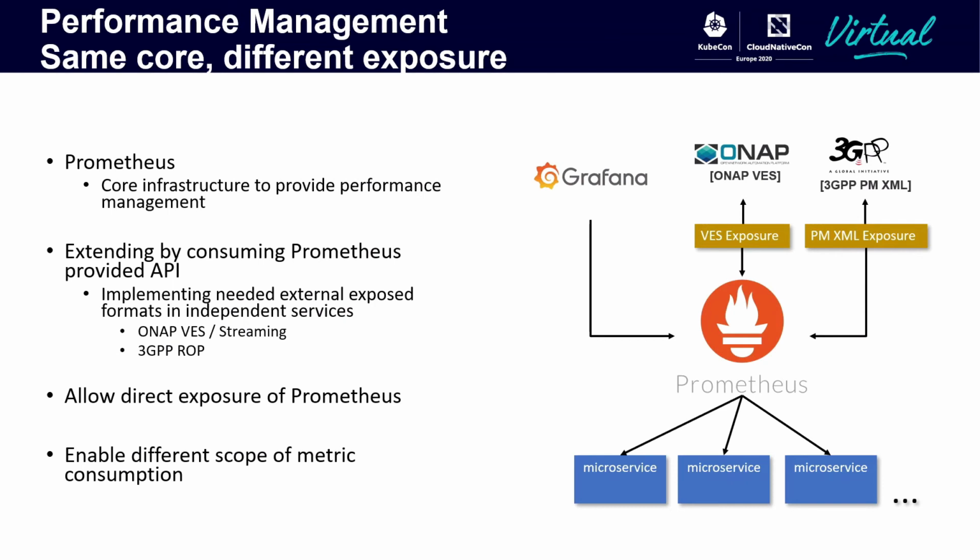And this also enables us to provide different scope of the metric consumption, where typically maybe ONAP and 3GPP has also the view of a bigger network, the telecom network view as such. Whereas Grafana also allows us to really drill down into individual microservices to really understand how they're performing, or if there's any kind of performance or errors that we need to address in some way.